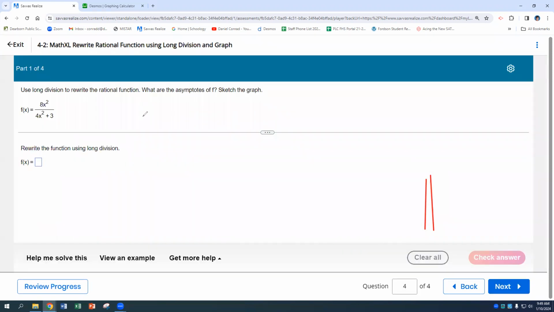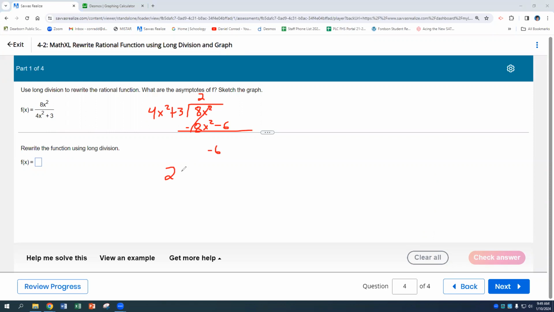Okay, so we're gonna do the same thing here. 8x squared. We're gonna divide 4x squared plus 3 into 8x squared. So we're gonna have to multiply by 2. And that's 6. We're gonna have to subtract, so we change the signs. That gives us a remainder of 6.